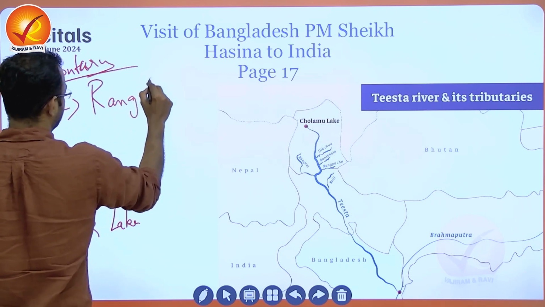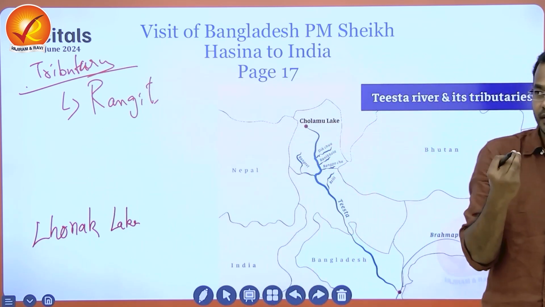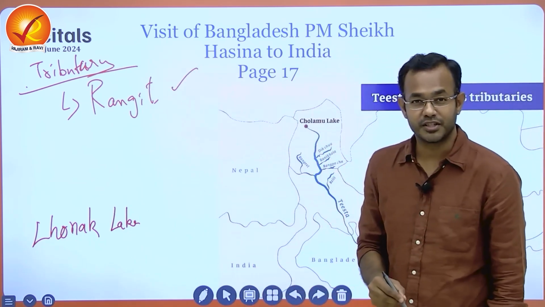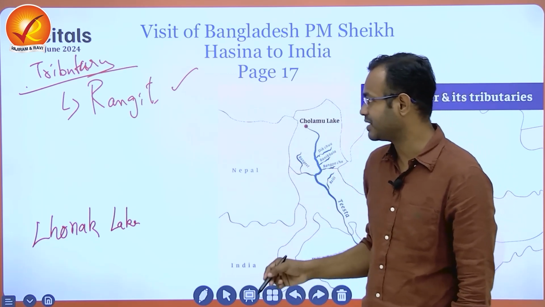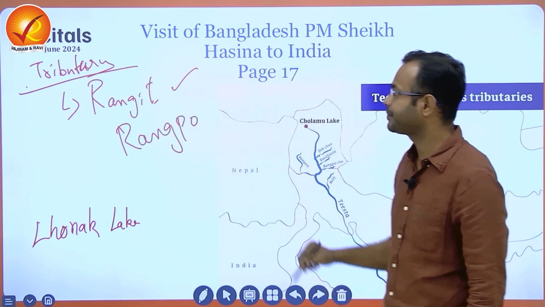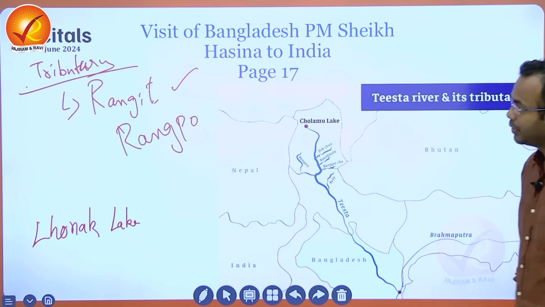Rangit. Rangit is a major important tributary of river Teesta, which was asked in UPSC prelims a couple of years before with respect to Rangit being the tributary of Teesta. That was a simple statement that had been given. The second major tributary is Rangpo. So two important tributaries, Rangit and Rangpo.